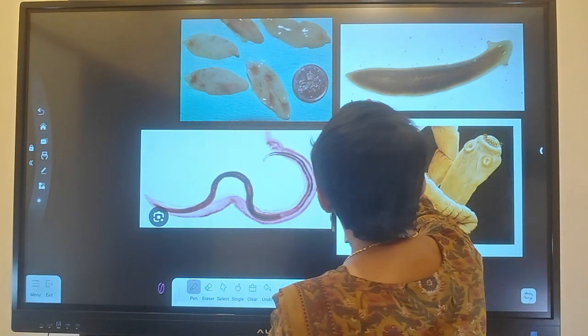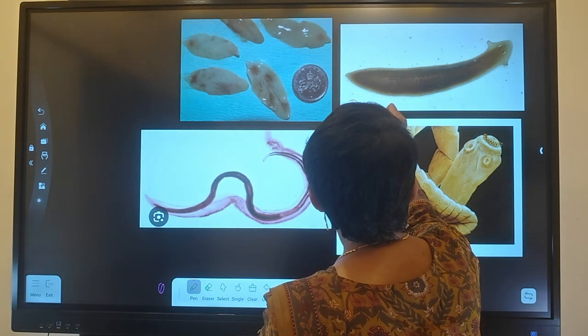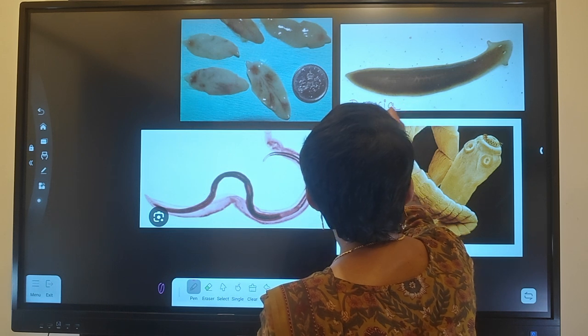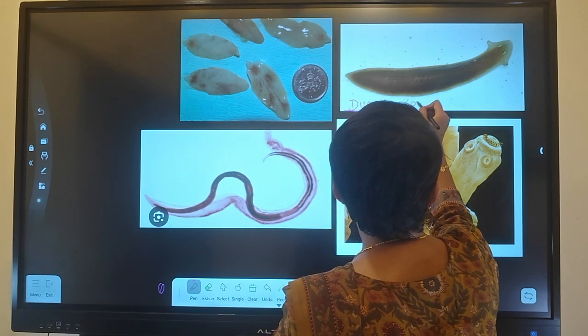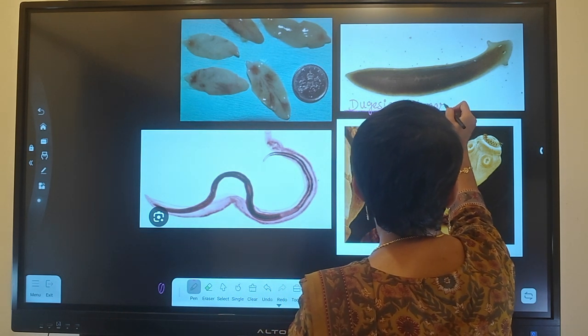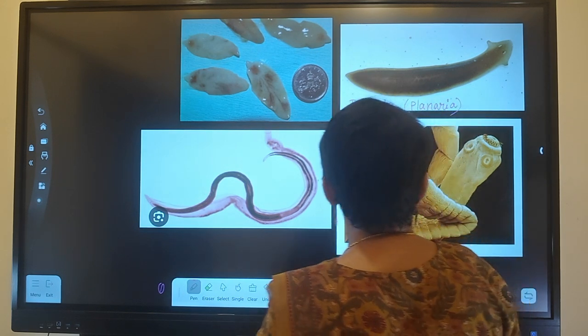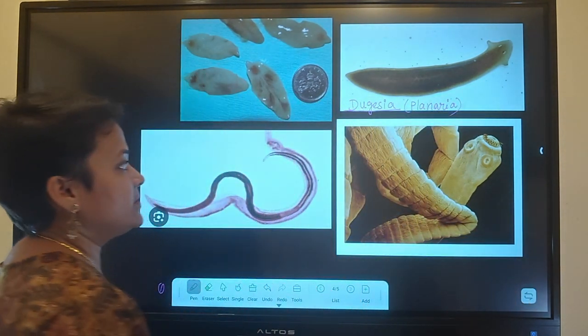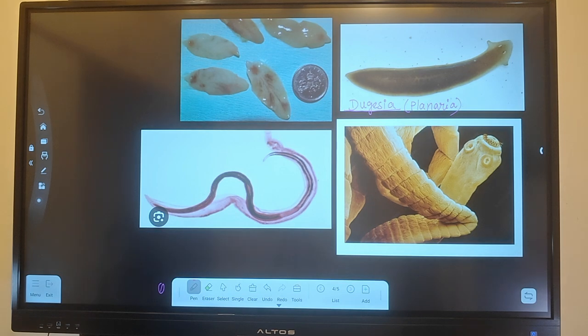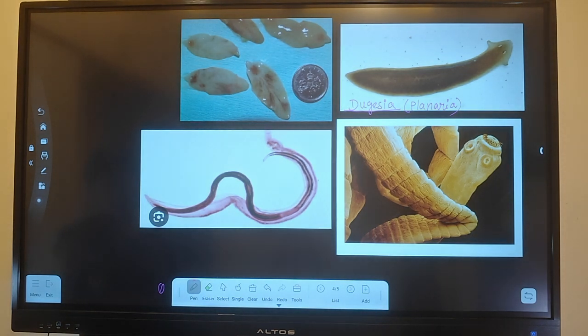This is called Dugesia, or it is also called planaria. It has high regeneration capacity. They are free living. They are not endoparasites. So Dugesia.